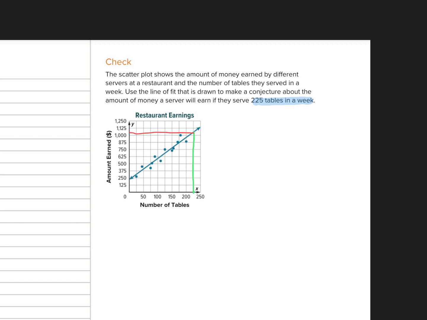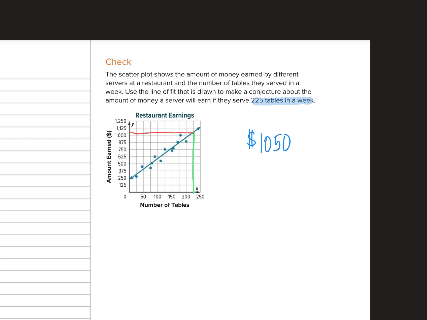So I would say maybe roughly $1,050. If you were in that ballpark somewhere, it has to be more than 1,000, less than 1,125. So somewhere between there, then you would be pretty accurate with this.